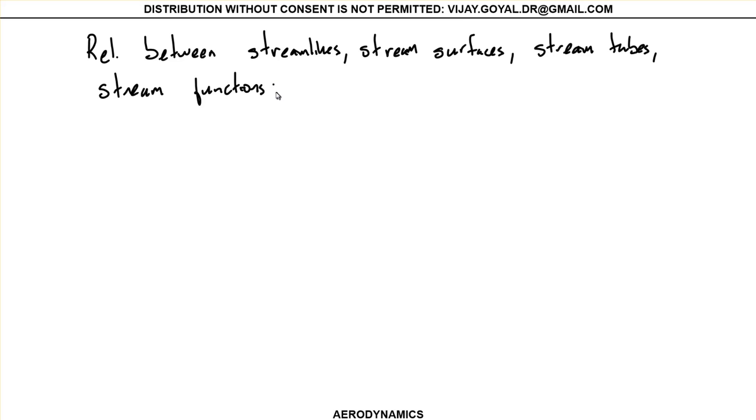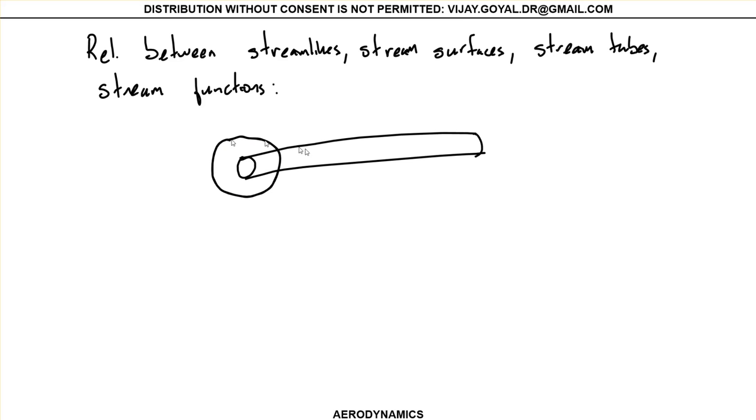Okay? So consider a case in which you have two concentric stream tubes. Okay, so this is tube number one. And then maybe you have another tube that goes on the outside, that is concentric. So they are one inside the other.